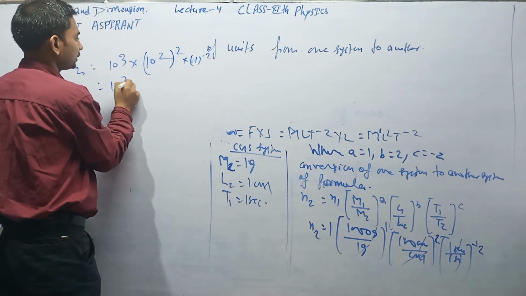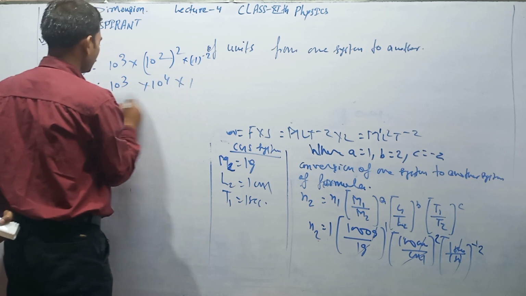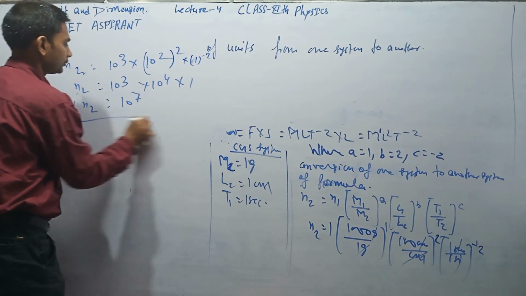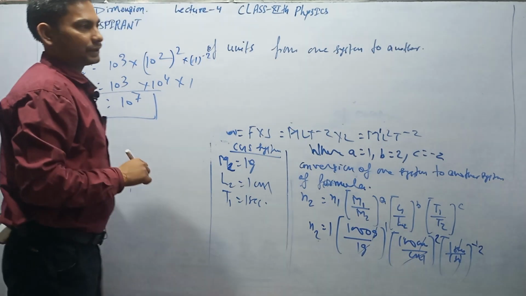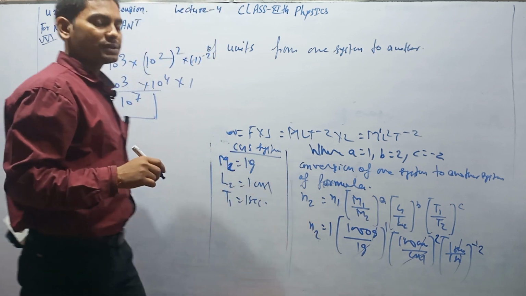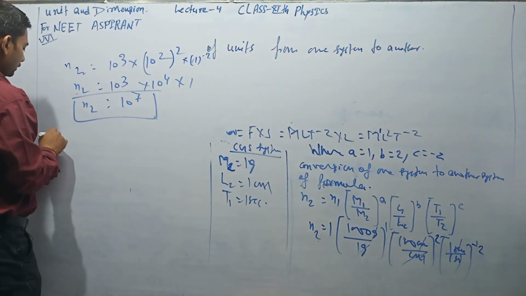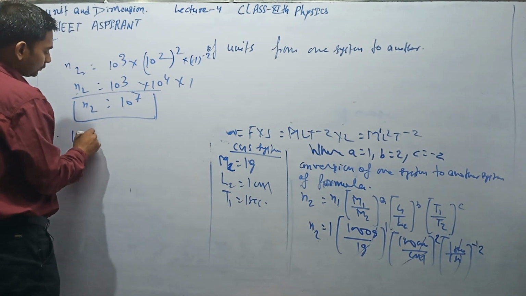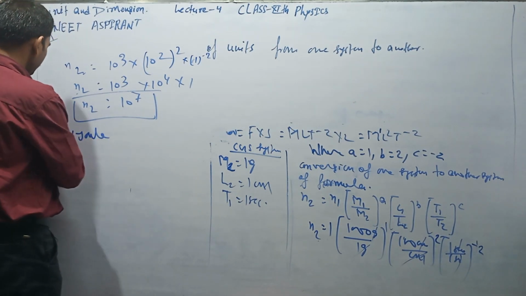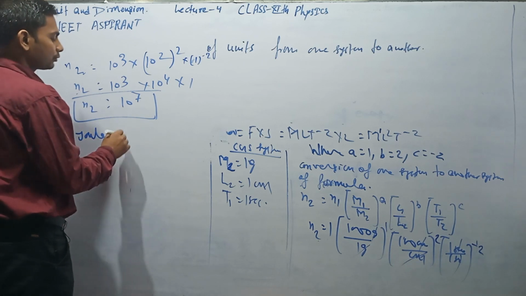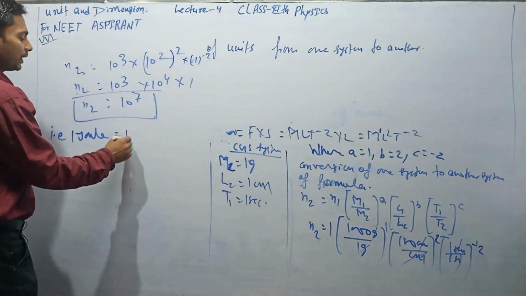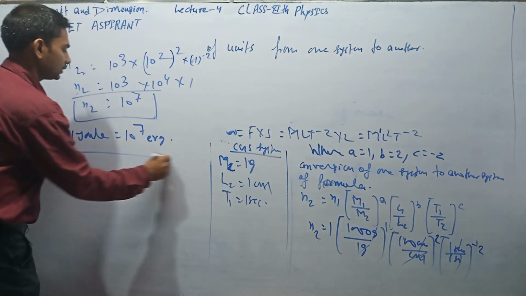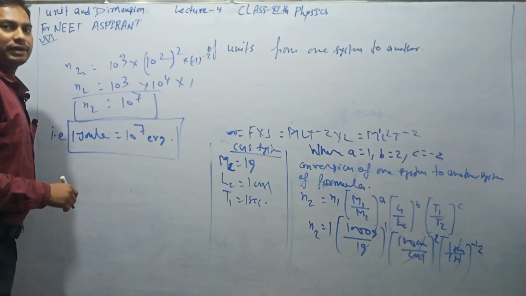That means 10 to the power 3, 10 to the power 4, into 1. That means 10 to the power 7. So 1 joule equals 10 to the power 7 erg.